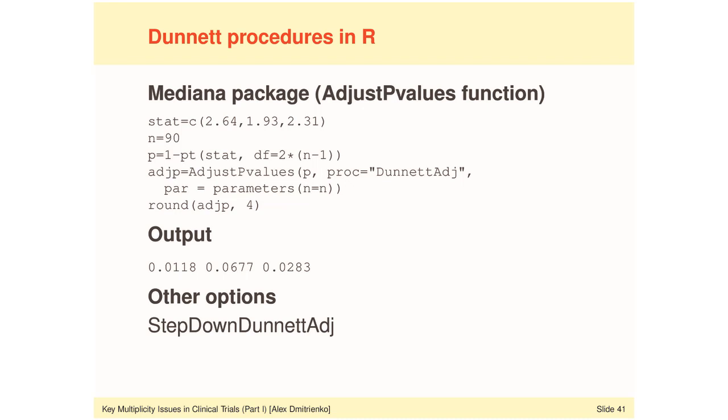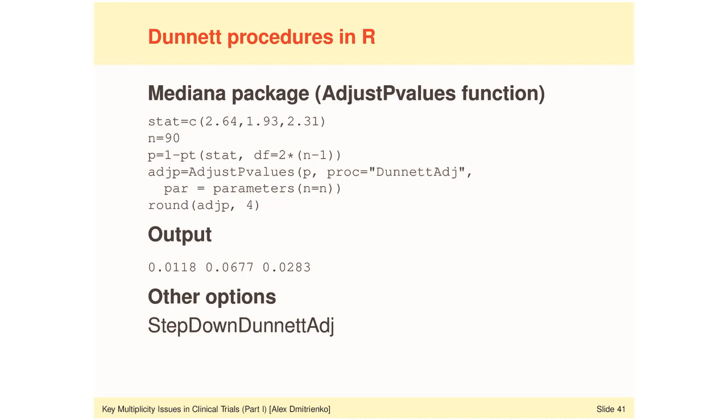Finally, very quickly, the adjust p-values function from the Mediana package can be called to implement several parametric procedures, including the single-step Dunnett and the step-down Dunnett. To show you how to implement the single-step Dunnett procedure, we need to first compute the vector of one-sided p-values from the test statistics. It's the vector p. This vector is passed to the function.